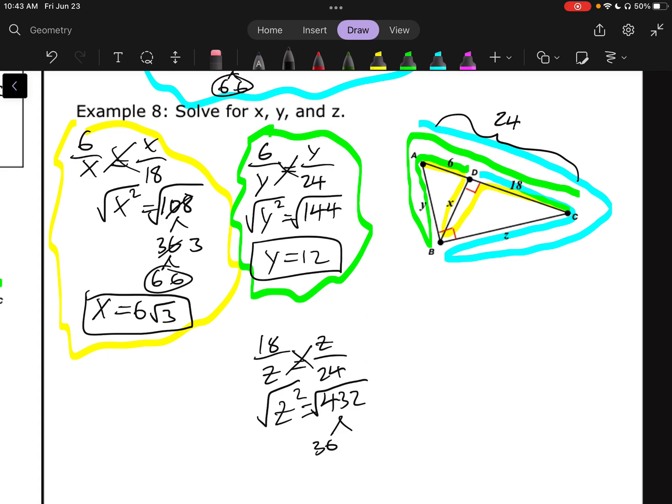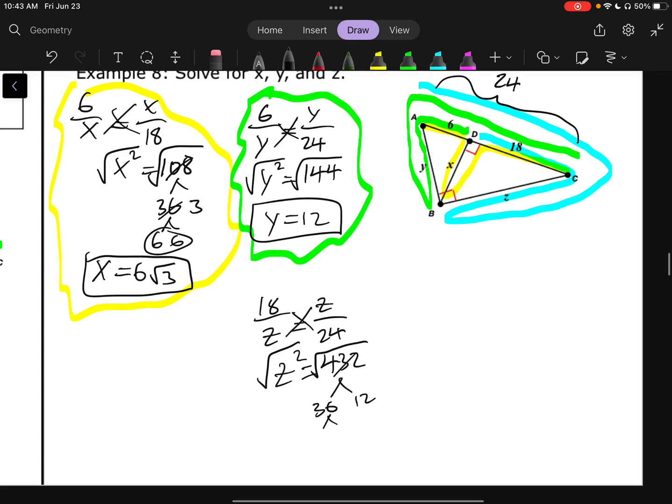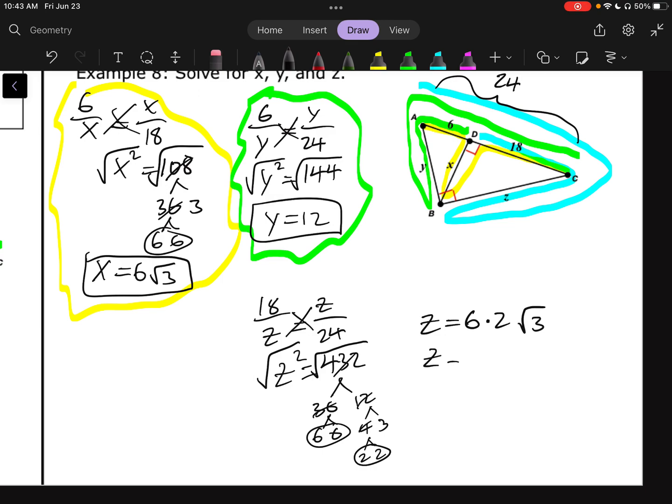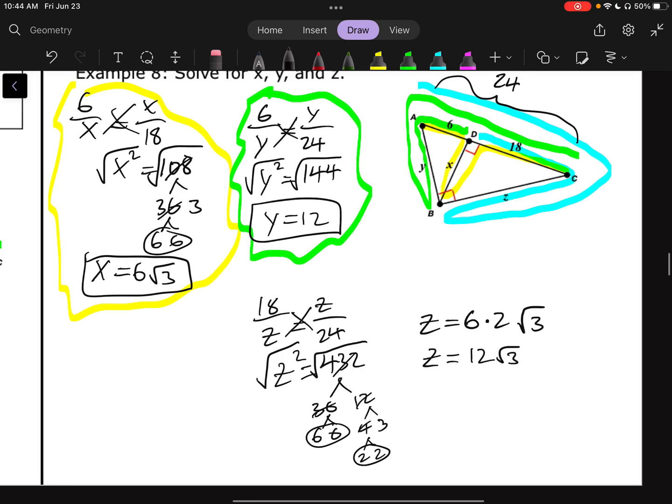So 432 divided by 36 is 12. Okay, so that's going to give me a pair of sixes. But this 12 also can go to 4 and 3, and that 4 gives me a pair of 2s. So actually I can bring a 6 and a 2 to the outside, and that 3 stays on the inside. And that 6 and the 2 on the outside multiply together to give me a 12.